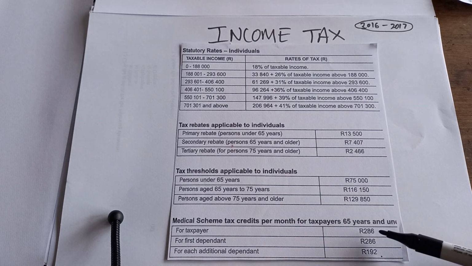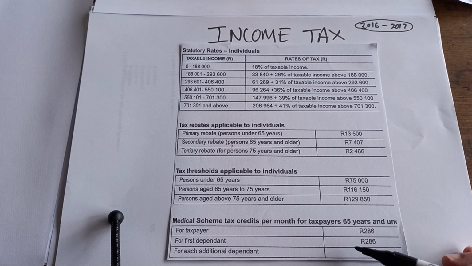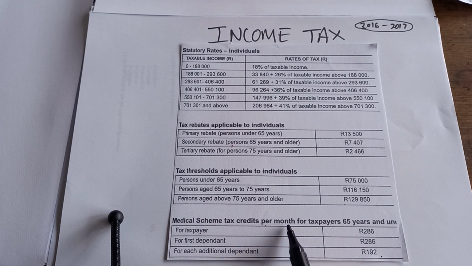Okay, so let's say this is a husband, wife, and one child. So per month, he is going to deduct 286 rand, another 286 for his wife, and 192 for one child. So this is per month. Please remember that.